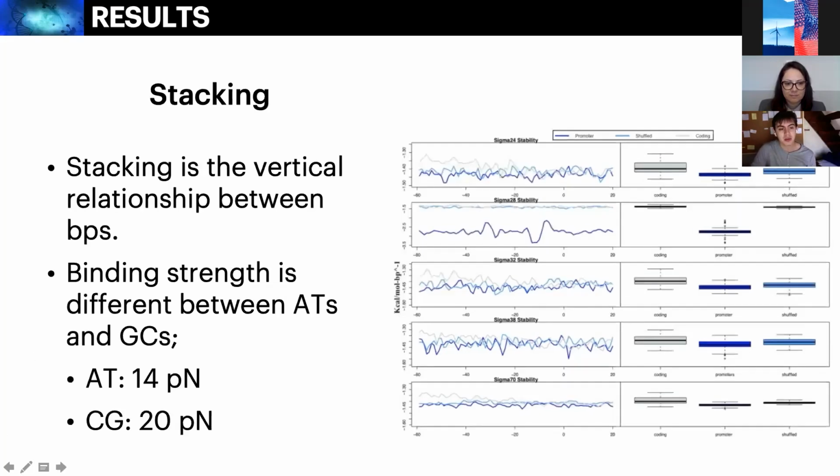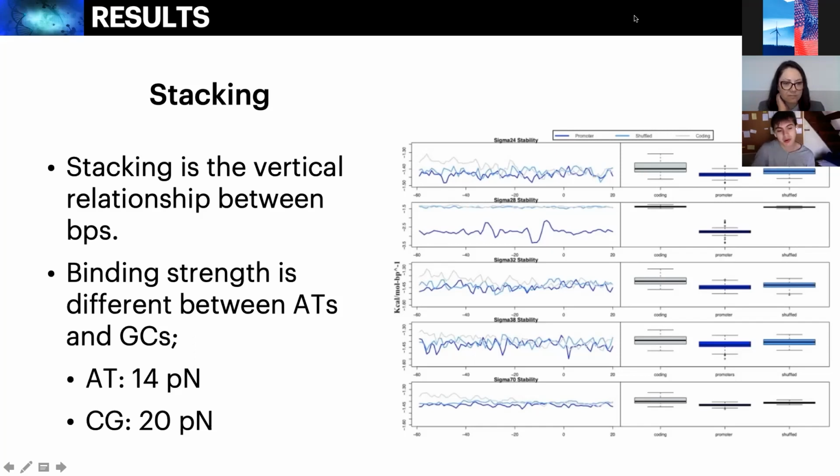And finally, when we analyze DNA stacking, we have the vertical relationship between our base pairs. It's basically a similar pattern to what we would have found with stability, but not horizontally. It's vertical because the DNA is all tangled, and for this process to happen, we need stacking forces between the base pairs.